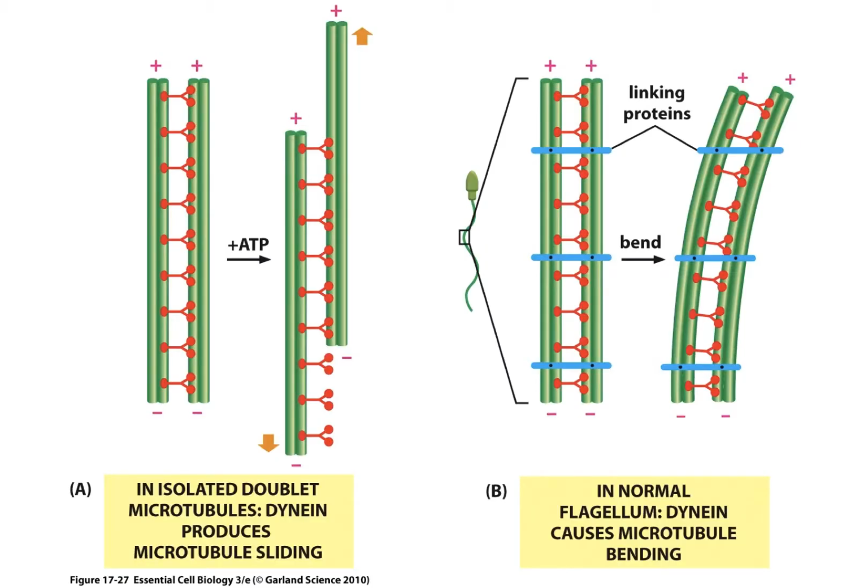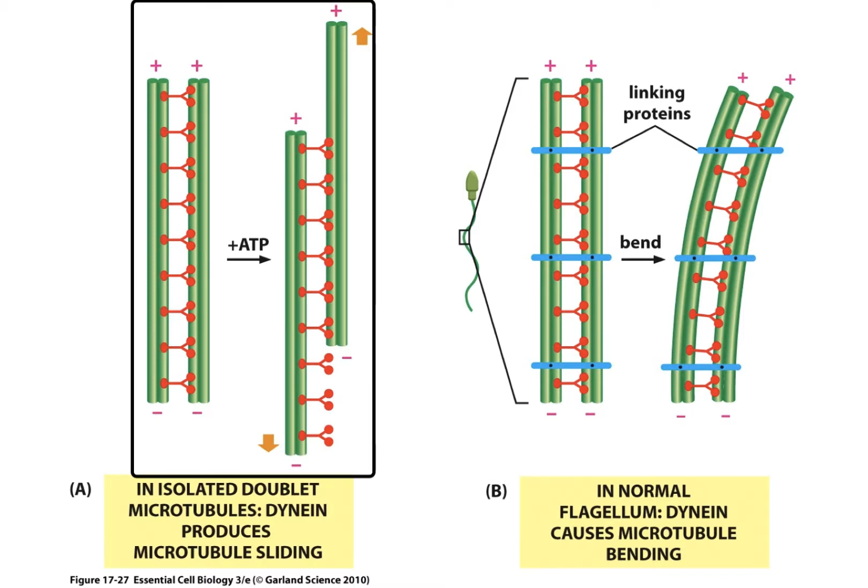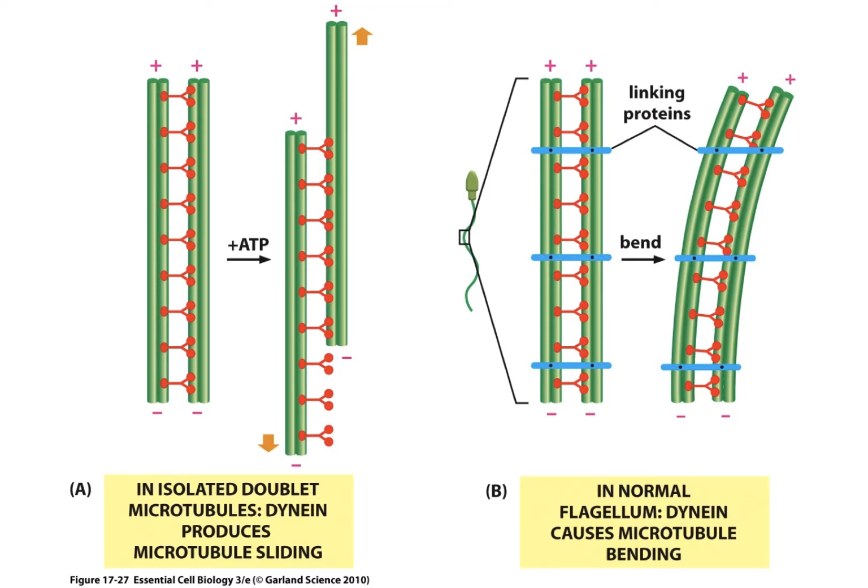And so these are able to move and bend that cilium or flagellum by hydrolyzing ATP, and one end of, in this case, a dynein is physically attached to the microtubule. That becomes the cargo. And then the other end has those heads that can move with respect to the other microtubule. And so once you cause those heads to move, then you're getting movement of one of the microtubules with respect to the other one.